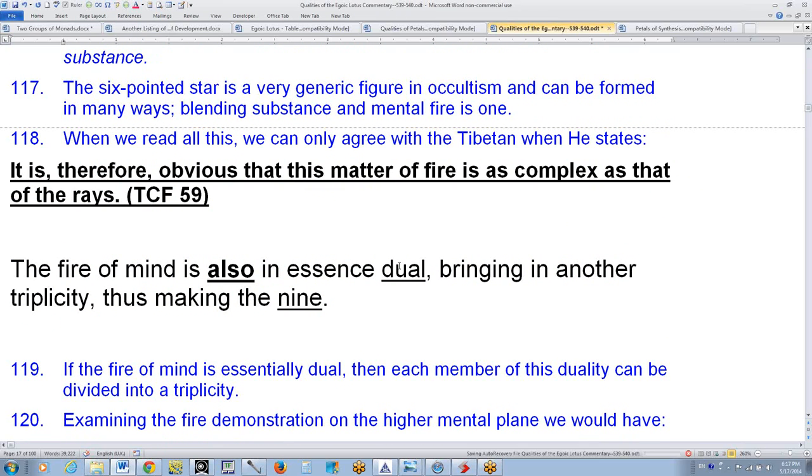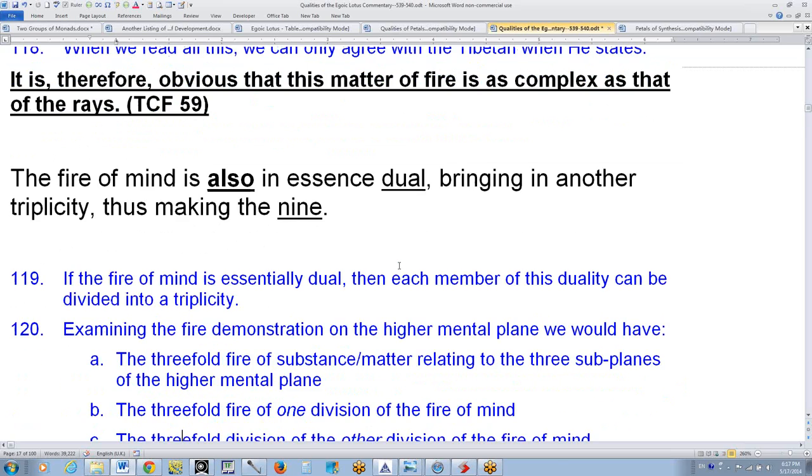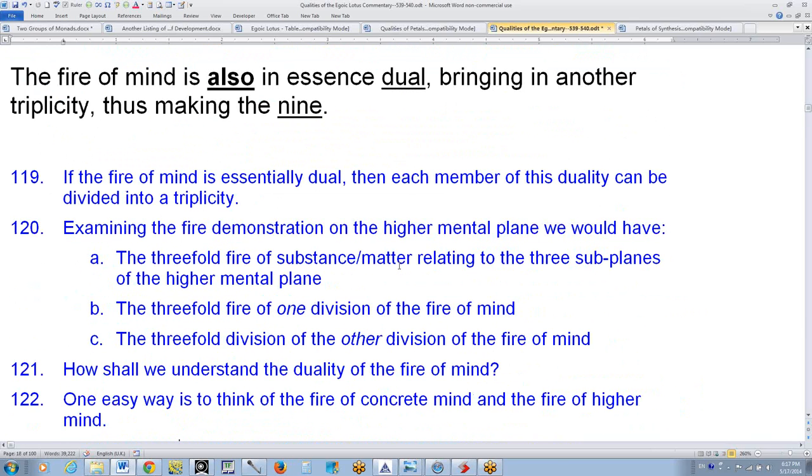The fire of mind is also, in essence, dual, bringing in another triplicity, thus making the 9. One would begin to wonder whether the fire of the monadic permanent atom per se, which is on the first subplane, is not most related to the sacrifice petals.